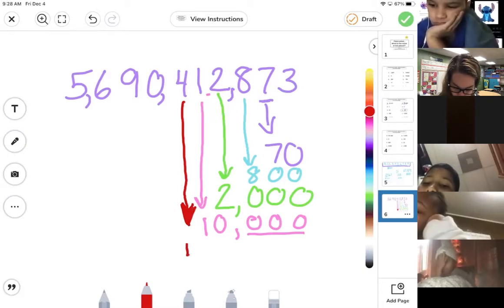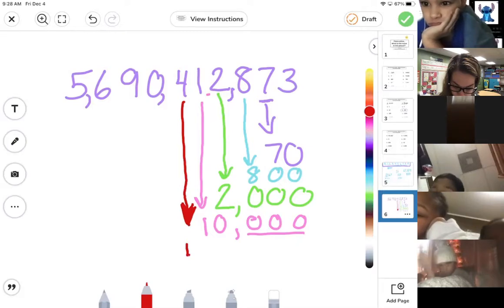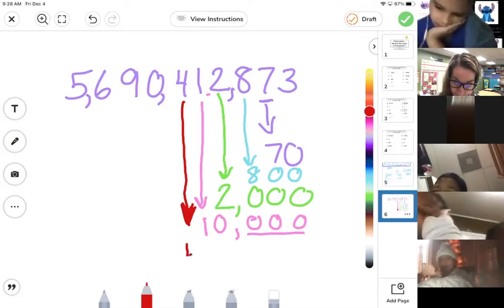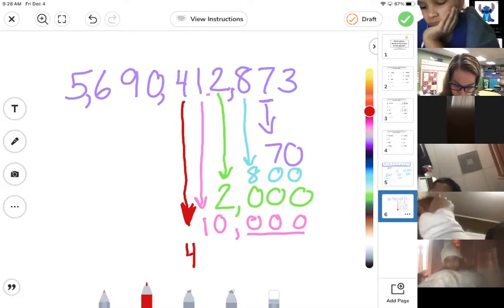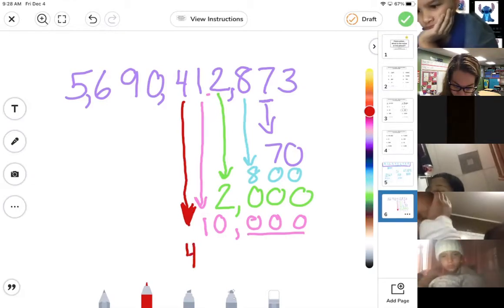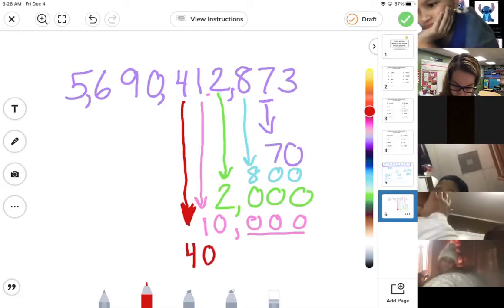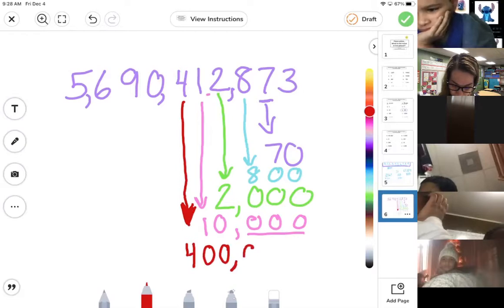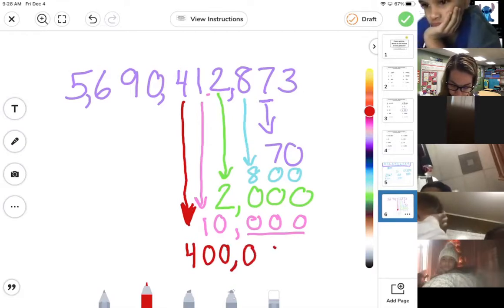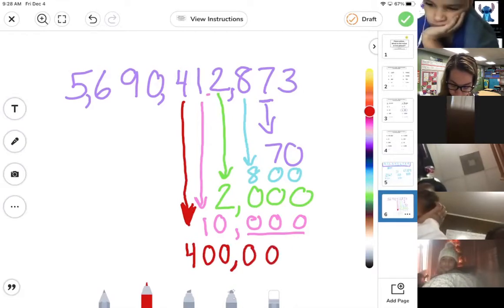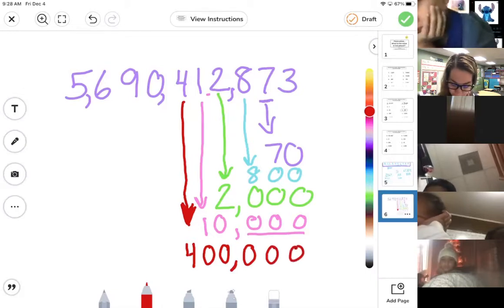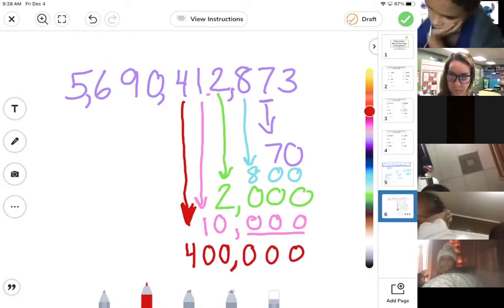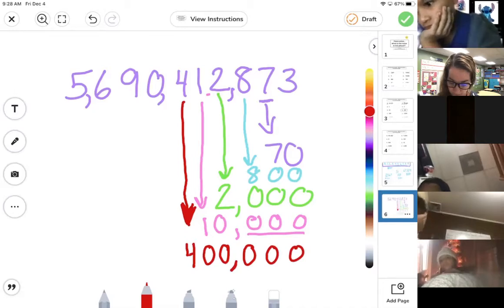A 4. And then? A 0. And then? A 0. Comma first. And then a 0. And then a 0. And then a 0. And then am I done? Yeah, then we're at the end there, so we're all done.